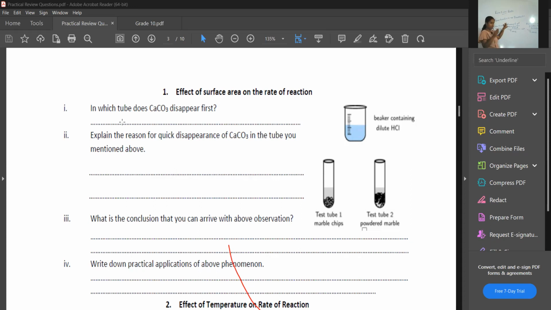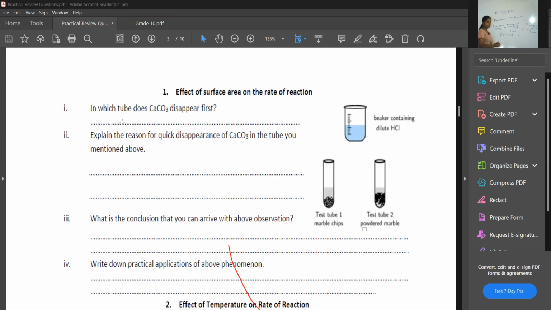That is one method. And the other method is we keep the amount of reactants constant and we measure the time. Think like this. We use 2 milligrams of zinc. Think the reaction is the reaction between zinc and hydrochloric acid.